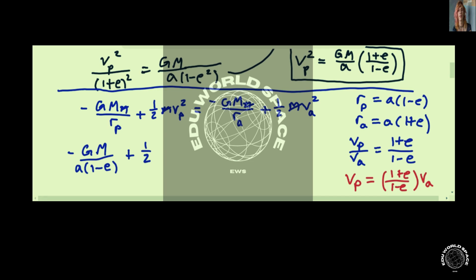Here I'm going to substitute in that formula for VP, which is 1 plus E over 1 minus E, quantity squared, times VA squared, equals negative GM over A times 1 plus E plus 1/2 VA squared.